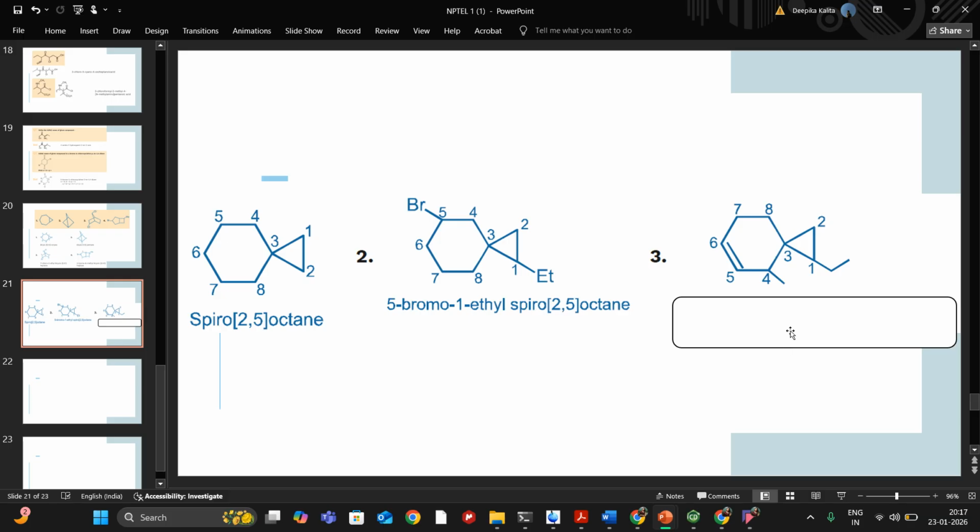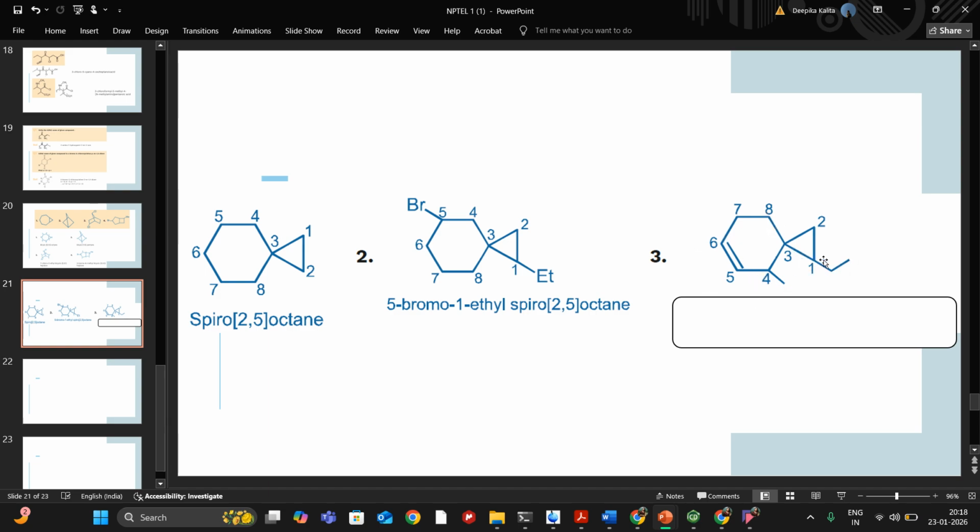In the last example of the spirocyclic compound, we again have 8 carbon atoms in total. So it will be an octane, and the substituent in the smaller ring will get the first priority, hence it will be 1 ethyl. If we look at the second ring, it has a double bond as well as a substituent.